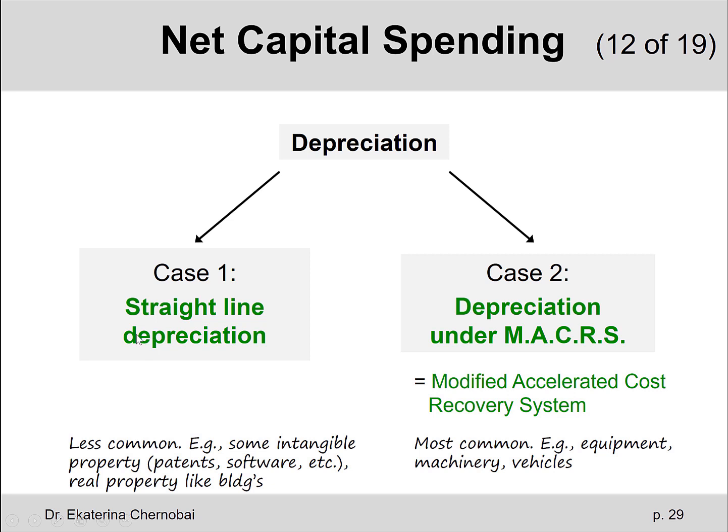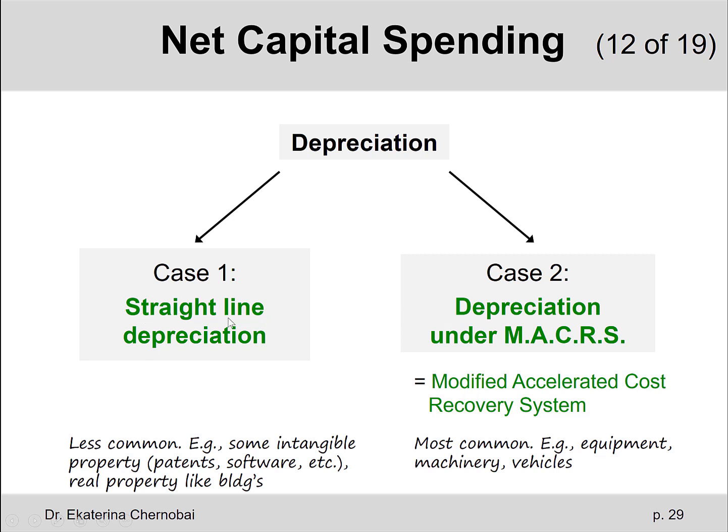Case 1 is the so-called straight line depreciation. Case 2 is the so-called depreciation under MACRS, which stands for Modified Accelerated Cost Recovery System. The straight line depreciation, case number 1, is not as common as case 2. And every asset follows either the straight line or the MACRS depreciation. So that information is always what you would call given.